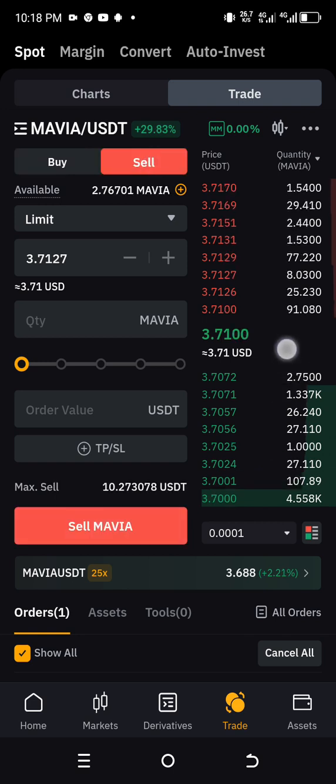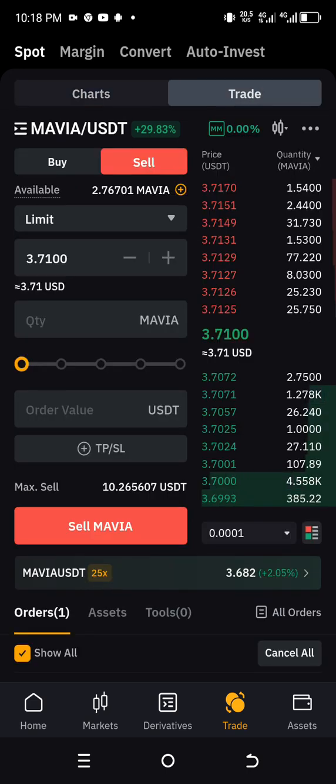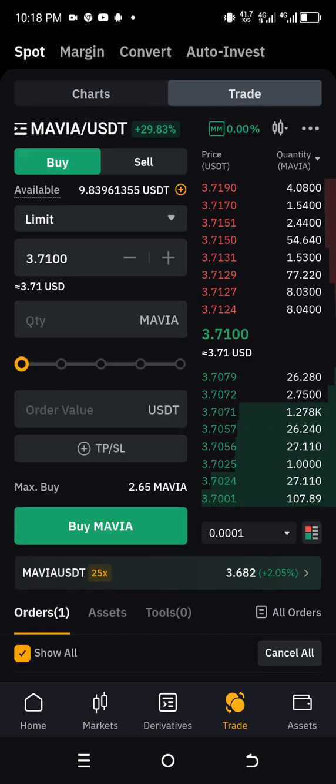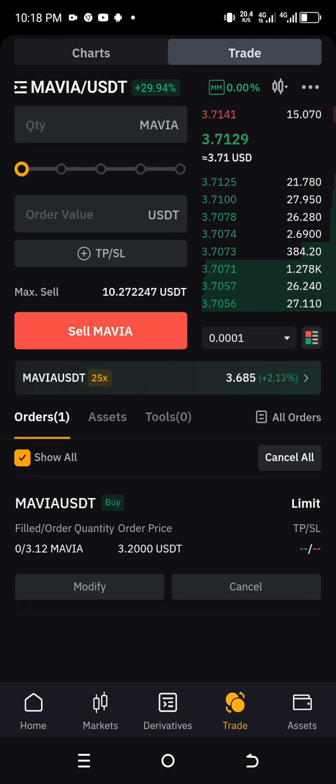What is currently trading now is just 10 USDT. All you need to do is to check carefully. We have opened two orders on this trade. The first order is 3.2 and the second order is 2.7.